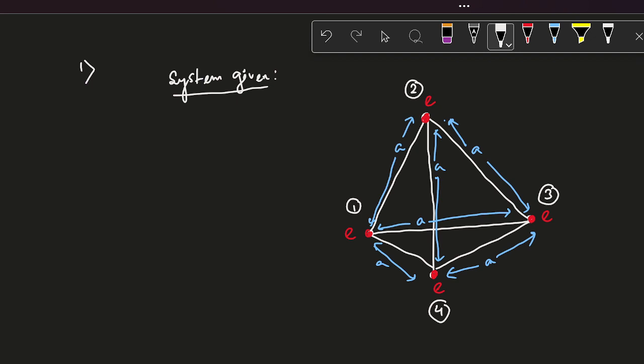Now, what we have is a tetrahedron. The 4 vertices of the tetrahedron are labeled clockwise. Now this is by our choice, you can also take an anti-clockwise manner.